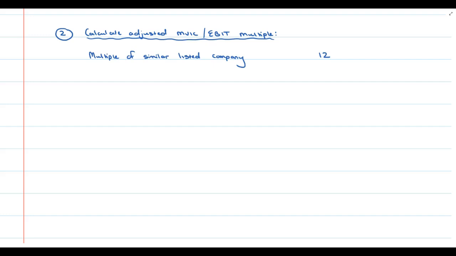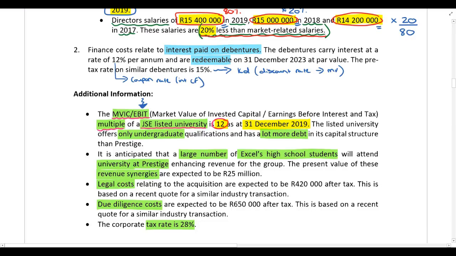So the first adjustment that we need to consider is for any differences in gearing or the level of borrowing. Now, if you go back to the information provided in the scenario, we were specifically told that the listed university has a lot more debt in its capital structure than Prestige. So normally, for example, if we were working with a price earnings multiple, which is based on earnings after interest and tax, we would adjust for differences in gearing.